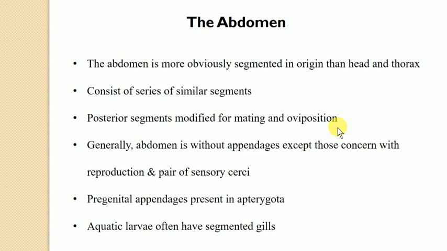If you see the segmentation of the head, thorax and abdomen among the insect, you will well recognize the segmentation in the abdominal region as compared to the head and the thoracic region, because the abdominal segments are quite distinct from one another, though the number of visible segments differs from insect to insect.